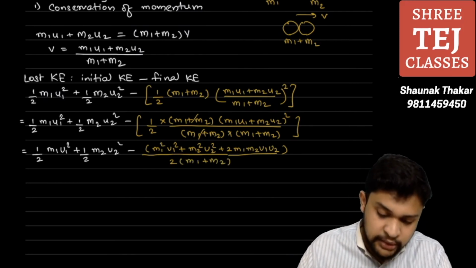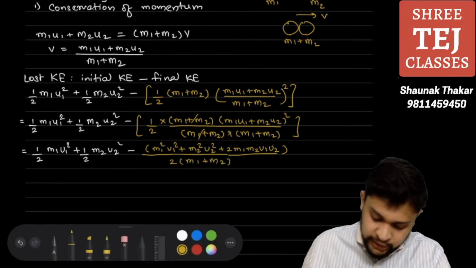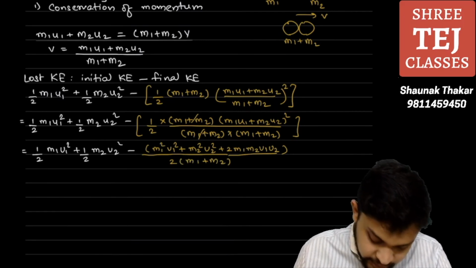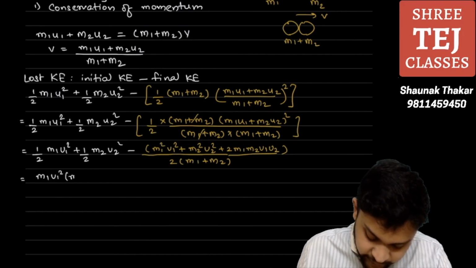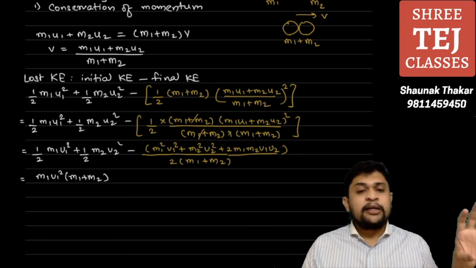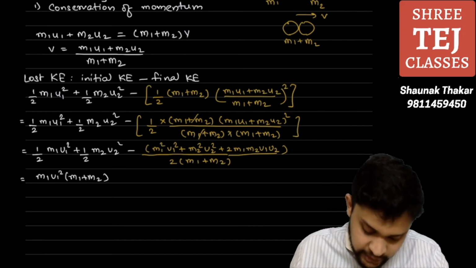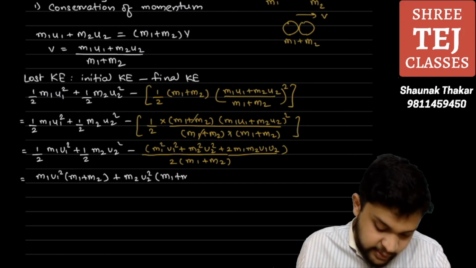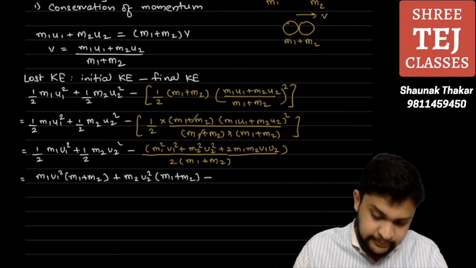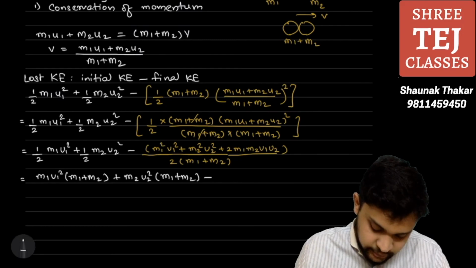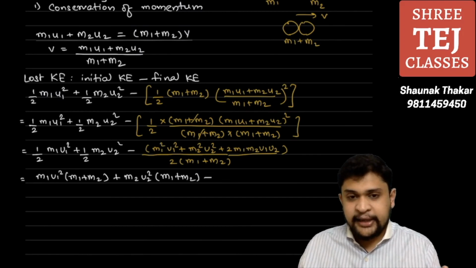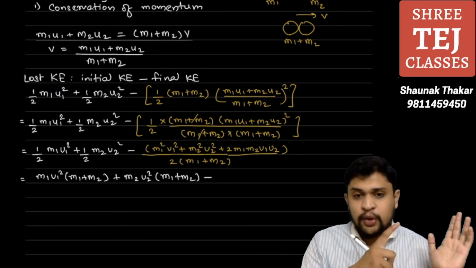Now for the first two terms we will multiply both the numerator and the denominator by m1 plus m2. Therefore, we will get m1 u1 square into m1 plus m2 because we will get the common denominator plus m2 u2 square into m1 plus m2 minus, we will just remove the brackets, so we will change the sign of all the terms inside.